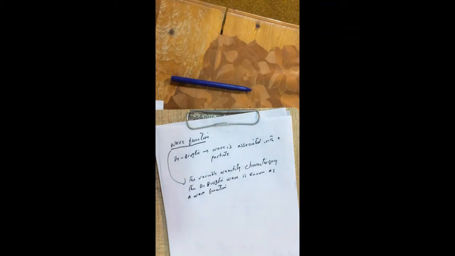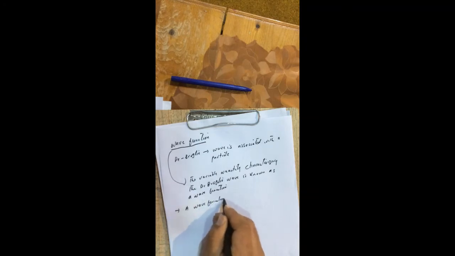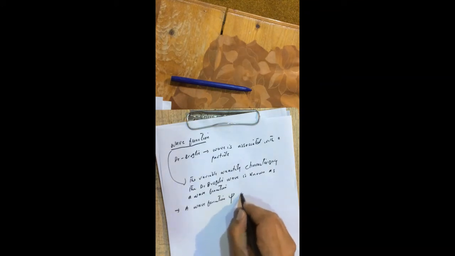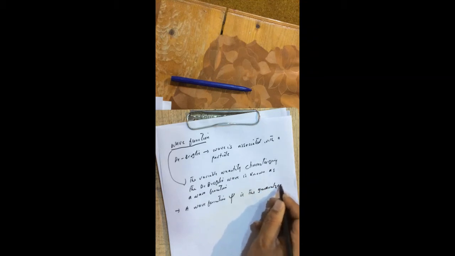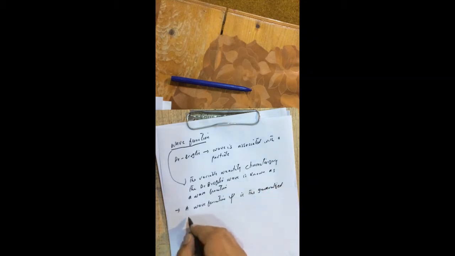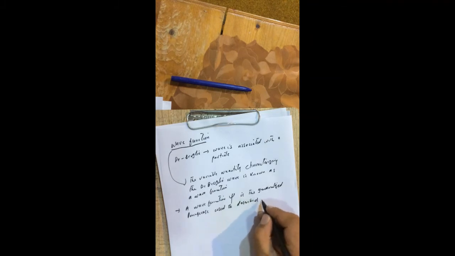Now, there are different properties of this wave function. The first property is that the wave function, which is represented by, let's say, psi, is the generalized language used to describe an atomic particle.